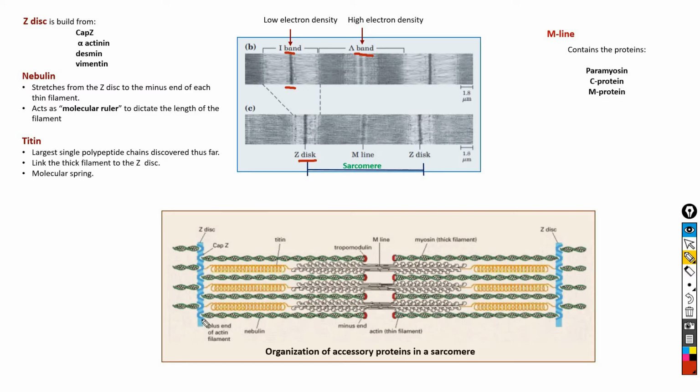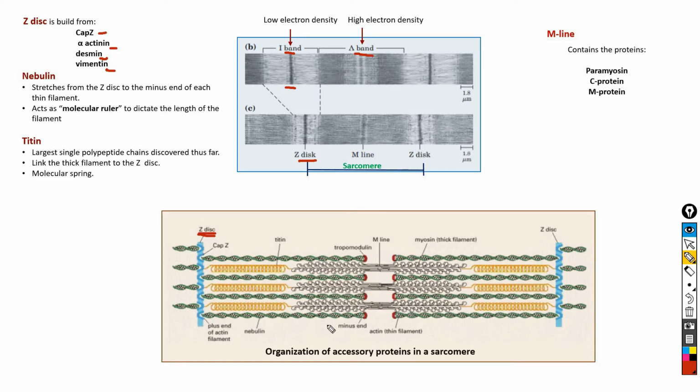The Z disc is perpendicular to the actin filament. As the actin filaments have both a plus end and a minus end, the actin filaments attach to the Z disc by their plus end. And the Z disc is built from CapZ, alpha-actinin, desmin and vimentin. The Z disc caps the actin filament, preventing depolymerization of actin filaments.